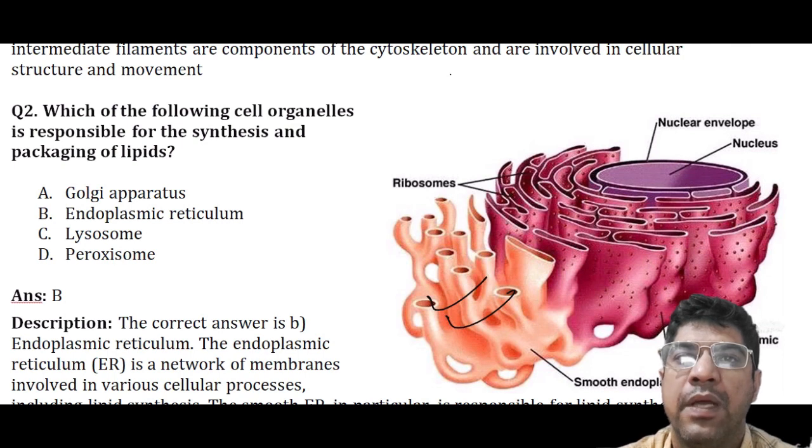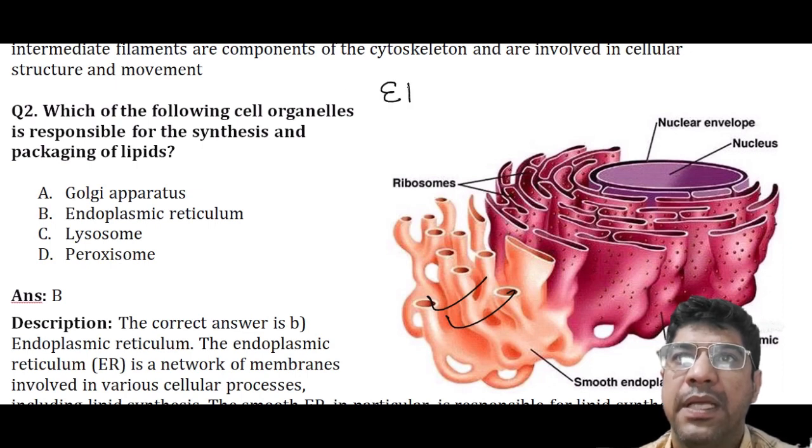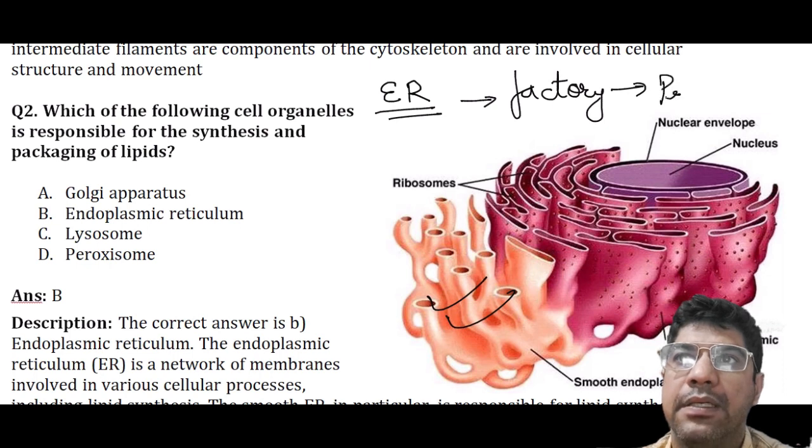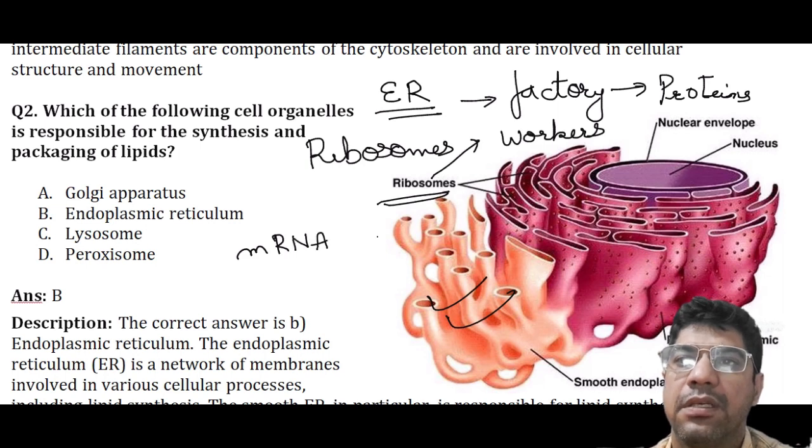enzymes for intracellular digestion. So remember, the endoplasmic reticulum is just like a factory where the proteins are made. The ribosomes are the workers, and mRNA is the instruction.